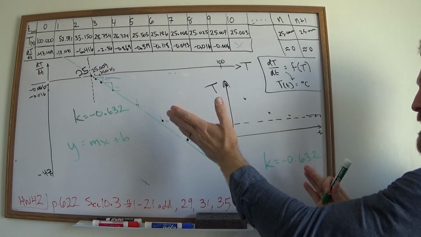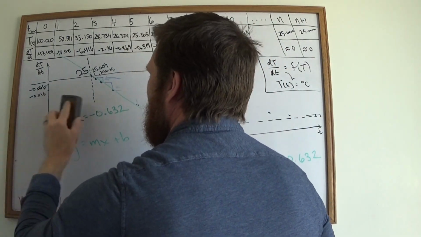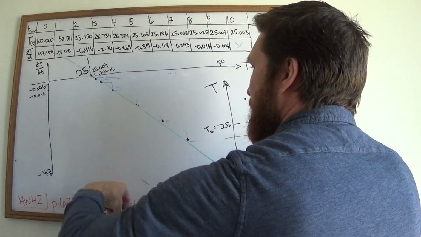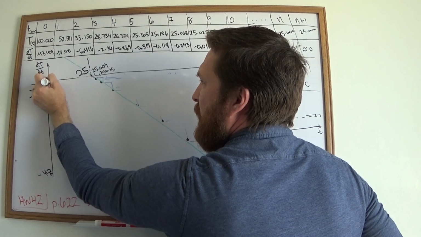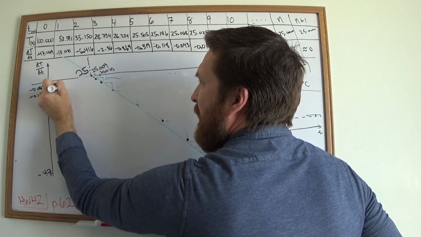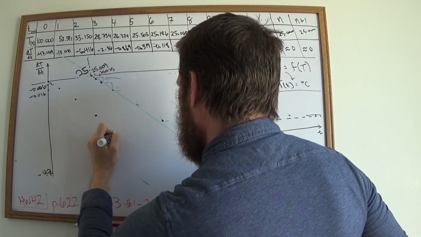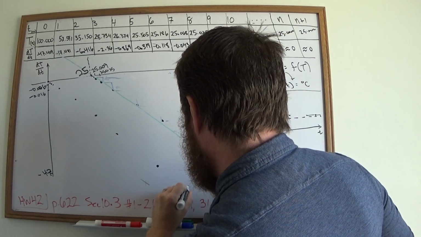And I'm just going to take this and shift it over. Now here, this is where it gets really tricky. I'm just taking each of these data points and shifting them over. We have infinitely many that do that. And then boom, boom, boom, boom, boom, and boom, like that.